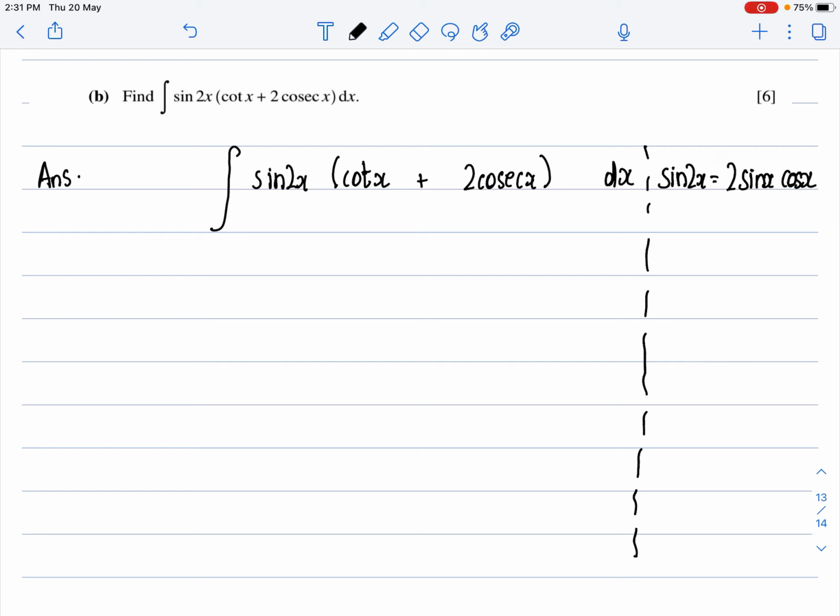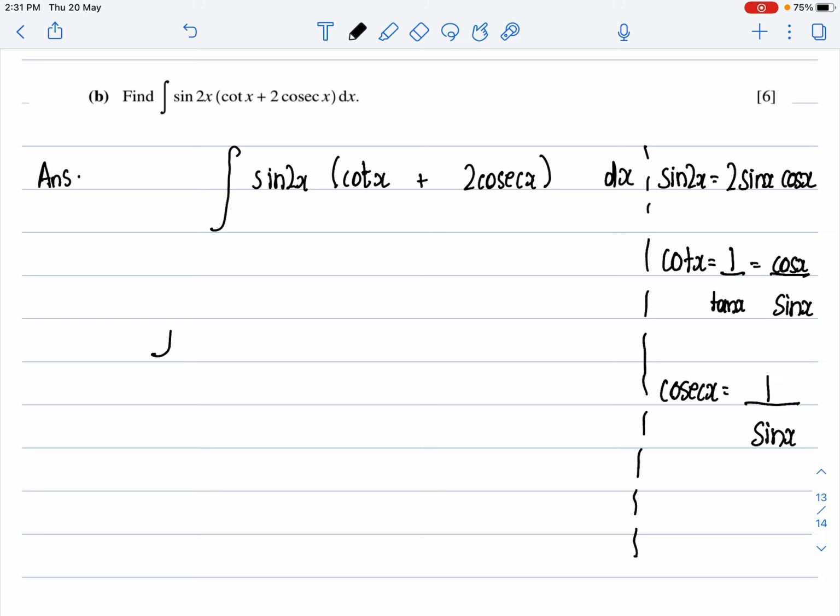The next trig property you need to know is that cot x can be written as 1 over tan x, which is simply cos x over sin x. Now I need to know cosec x, which is simply 1 over sin x.